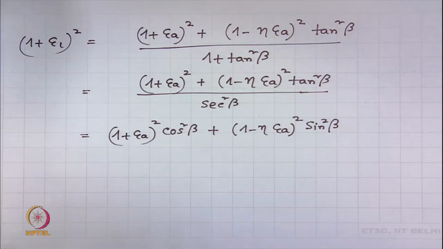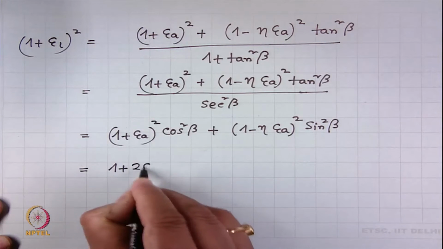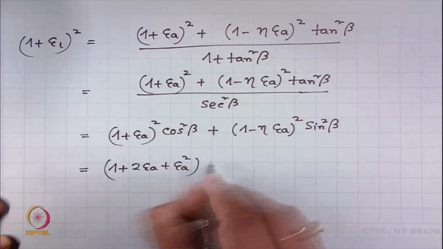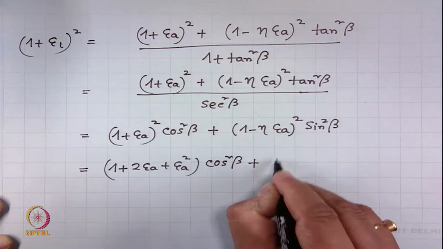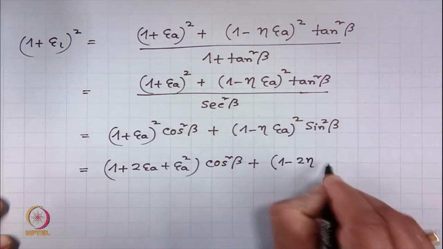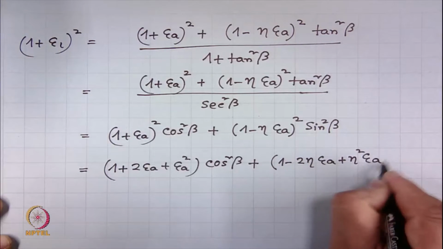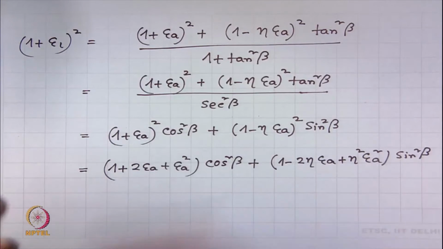Right. Now, we expand it: 1 plus 2 epsilon a plus epsilon a square, cos square beta, plus 1 minus 2 eta epsilon a plus eta square epsilon a square, sin square beta.